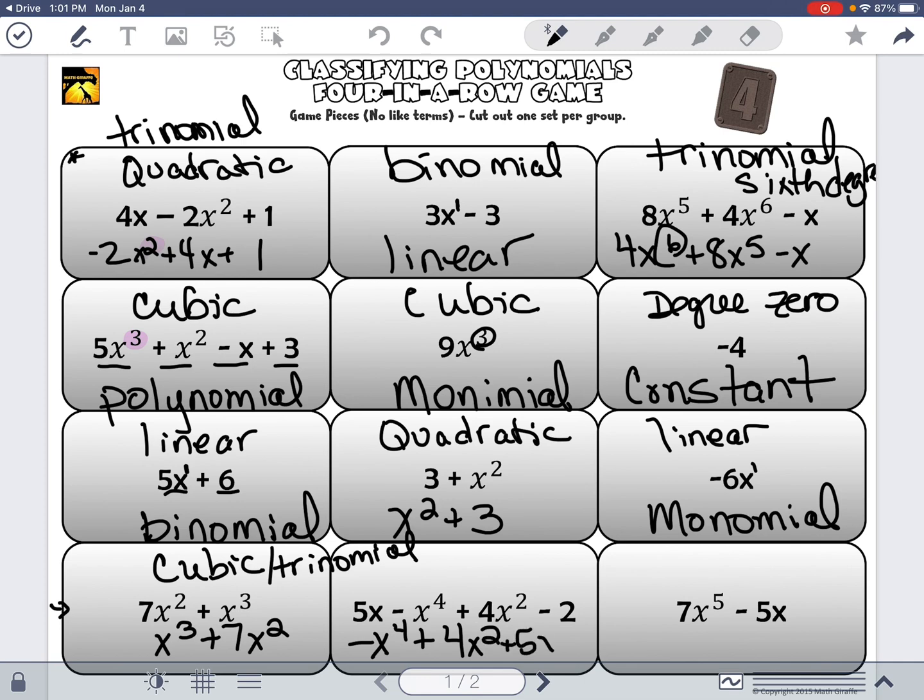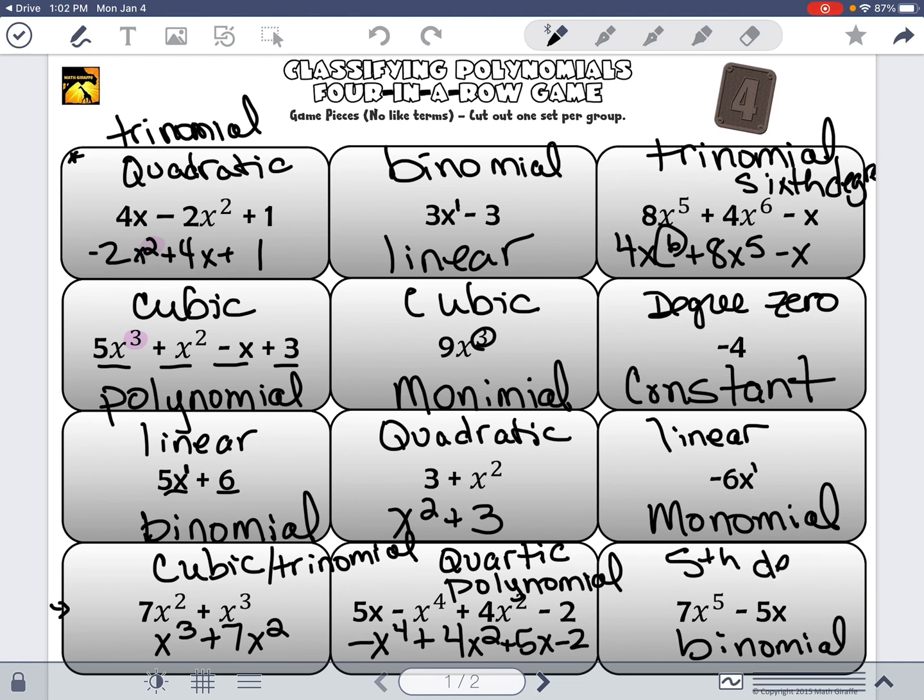And the highest degree is the 4, so that one's called a quartic for fourth degree, or I guess you could just say fourth degree. It has 4 terms, so it has more than 3, so it's a polynomial. This one has 2 terms, so it's a binomial to the 5th degree, so we say 5th degree.